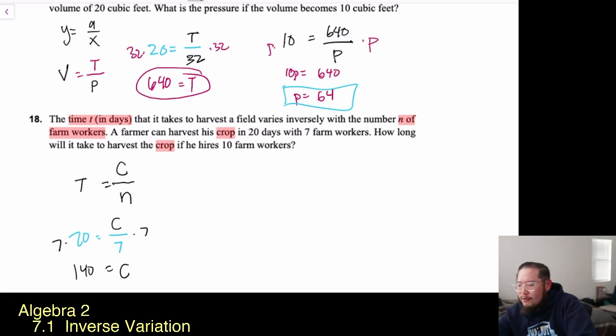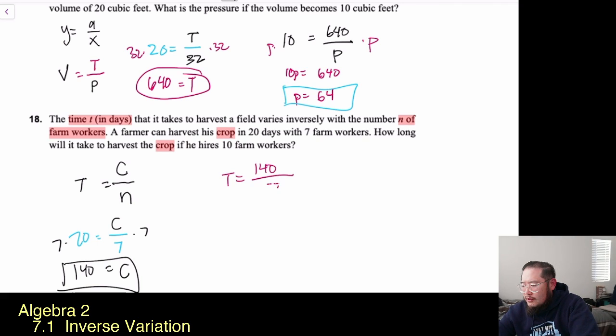So it's got 140, I don't know, acres or whatever the case may be, something about his crop. Okay, 140. So now let's go ahead and put it all together. We've got T is equal to 140 over... whoops, not going to be 7. We're going to put N right there.